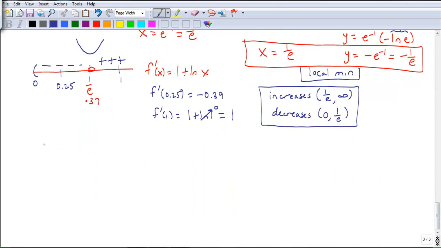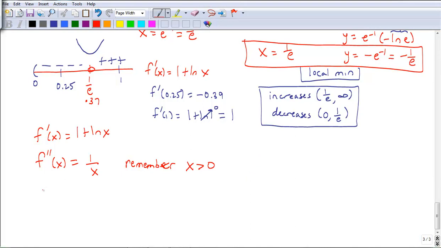I am going to look at the second derivative now, though, just so we can double check it with the concavity. Remember, the first derivative was 1 plus ln of x. The derivative of 1 is 0. The derivative of natural log is 1 over x. But remember, our x's have to be greater than 0 for this function to even have a picture. So remember, x has to be greater than 0.